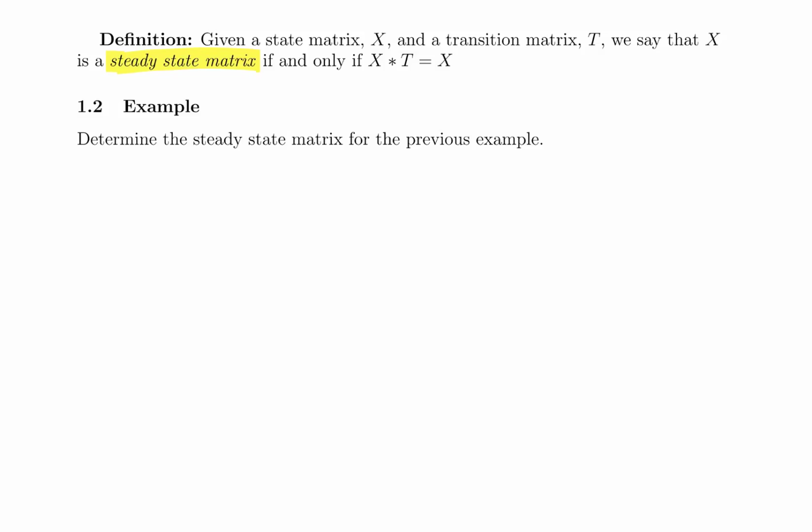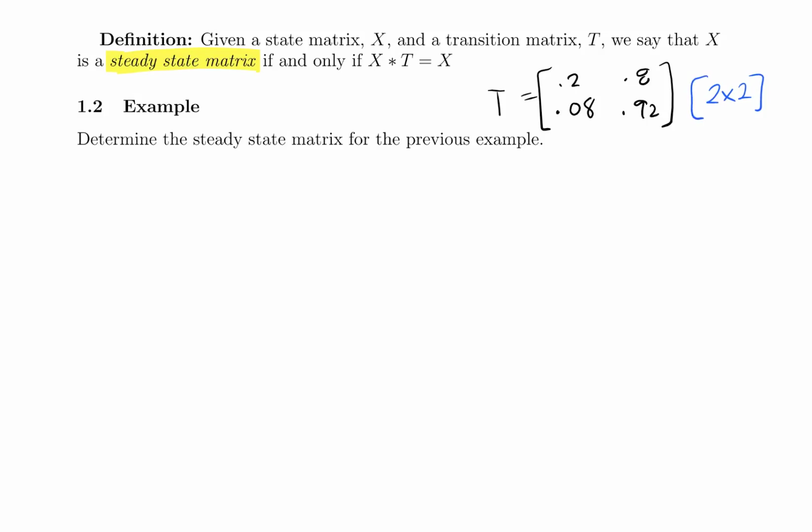So we'll use our previous example. Remember the transition matrix from the previous example, with people getting in accidents, was 0.2, 0.08, 0.8, and 0.92. If we're going to determine the steady state matrix, our matrix X is going to have two entries, because our transition matrix is a 2 by 2 matrix.